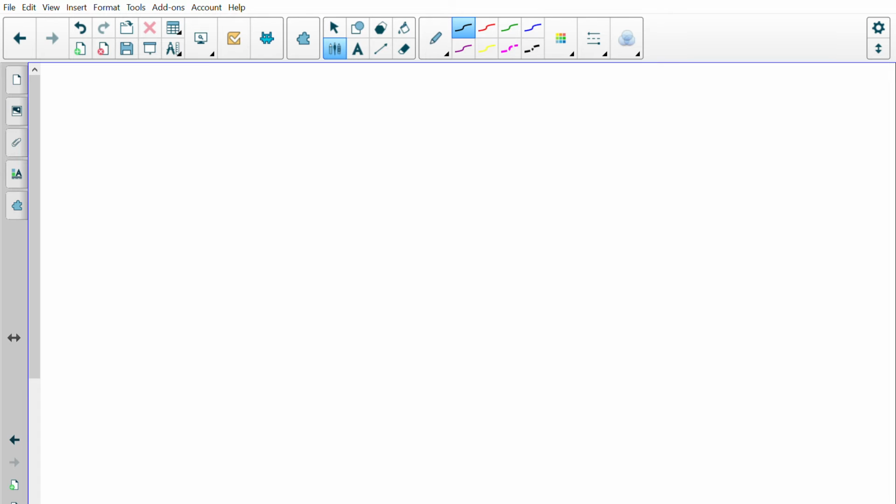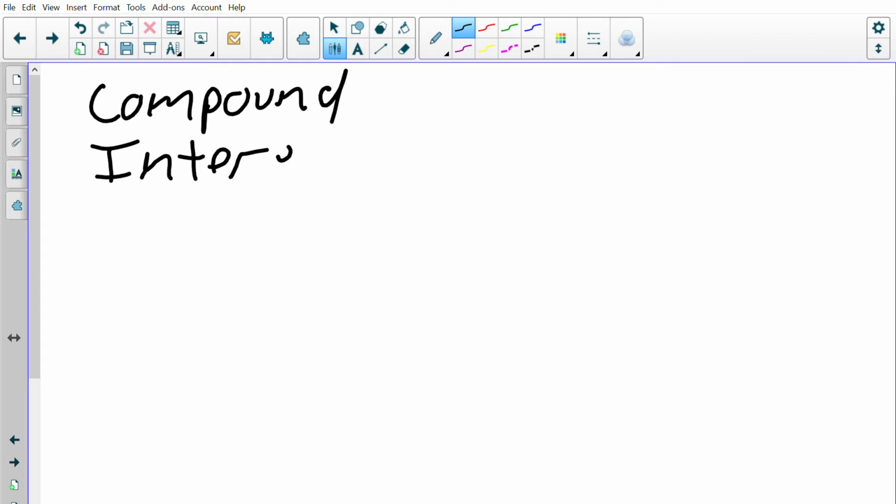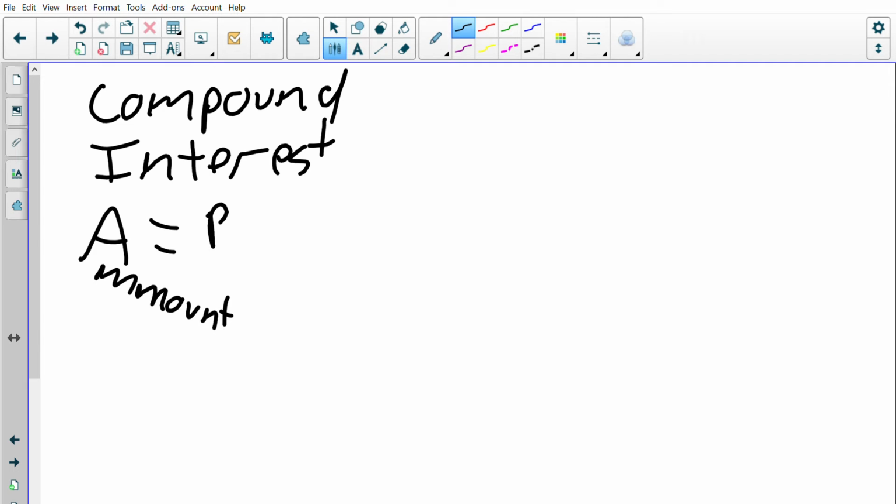Okay, to give an example of where base e is super useful is with money. So if we look at our compound interest equation, this says how much money we want at the end, so the amount we want at the end is equal to our principal.